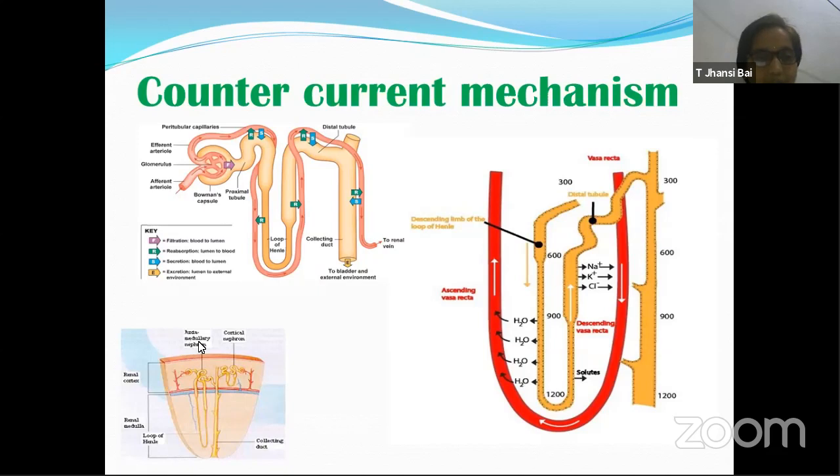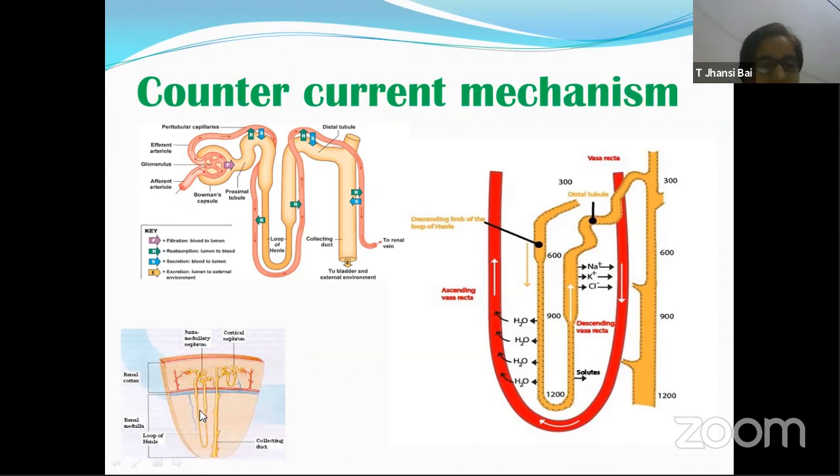Now, if you take nephrons and look at this diagram, studying again the structure of nephrons and how they are placed in the kidney, this is the outer cortex region, which is dark due to the presence of a lot of blood capillaries, because every glomerulus has around 50 capillaries in it. That is glomerular capillaries.